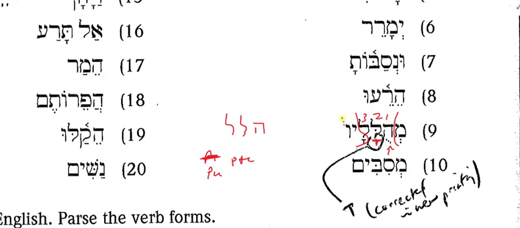Well, that vav tells you which pronoun suffix we're looking at, doesn't it? Yeah, that's a 3ms pronoun. So whatever this is, it's a participle plus a 3ms pronominal suffix.